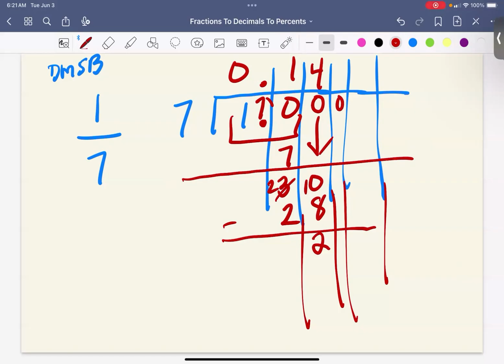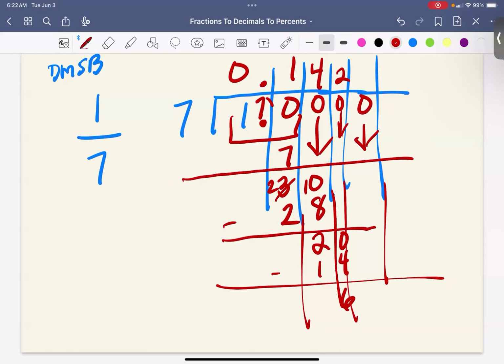Add a 0, bring that 0 down. 7 goes into 20 2 times. 2 times 7 is 14. 20 minus 14 is 6. Add another 0.